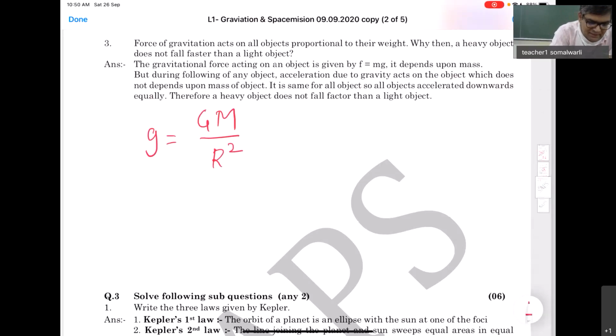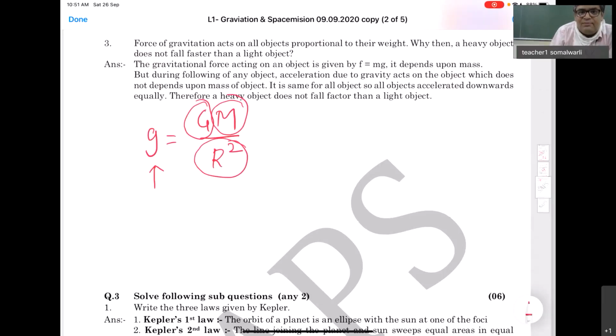Now what happens here is that the mass of the objects which are in free fall is not considered in this, and that means the value of this acceleration due to gravity will be calculated only on the basis of this universal constant, the mass of the planet, and of course the radius of the planet.